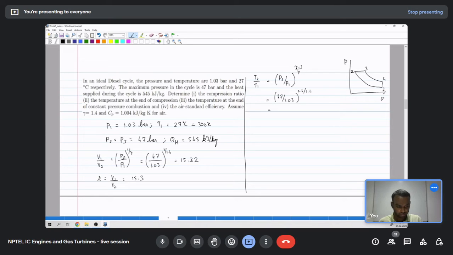So this is 2.979. We have T2 is equal to T1 into this value. T1 is known as 300 Kelvin into 2.979.